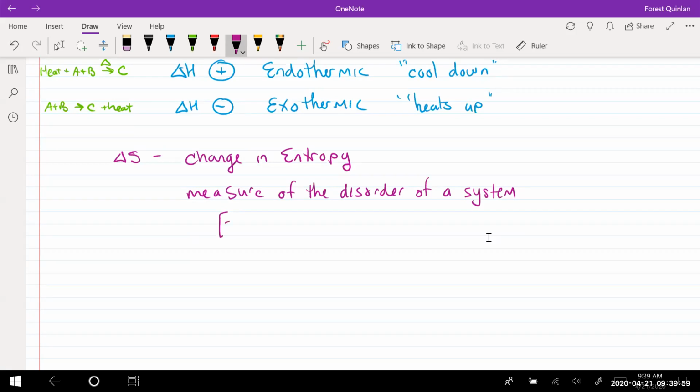And remember, system is what you're looking at. So when we talk about a system, we need to remember it's whatever we are looking at.